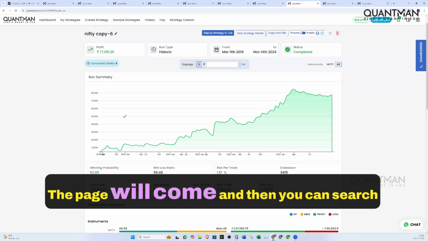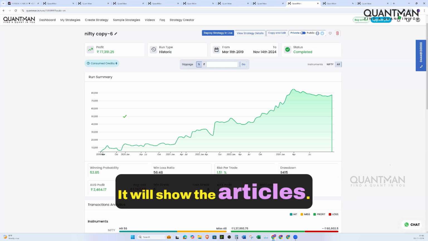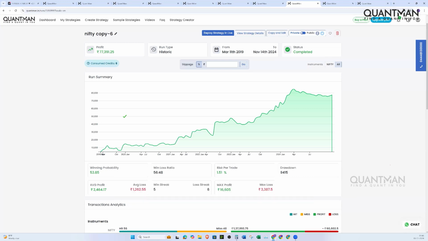The page will come, and then you can search for a specific indicator. It will show the articles.